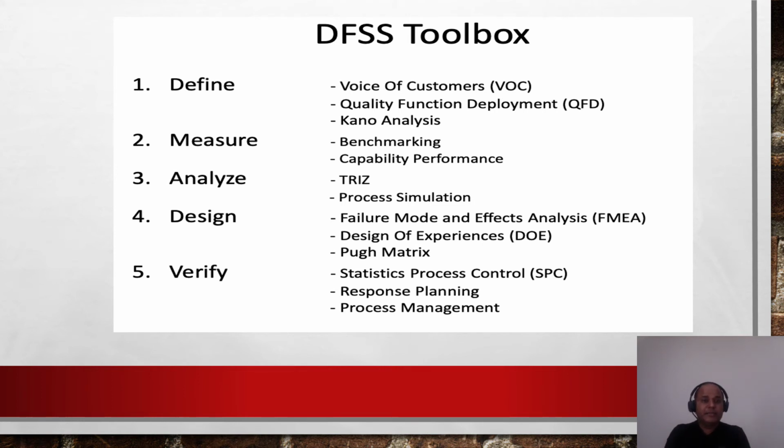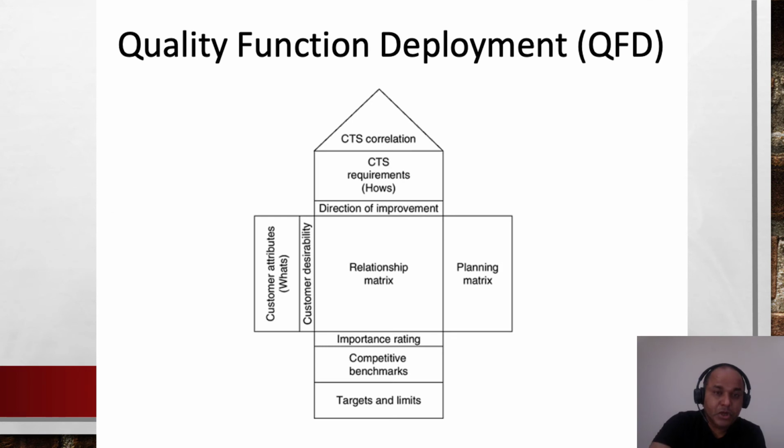By benchmarking and capability performance. How are we going to analyze? Process simulations, design failure mode and effect analysis, design of experiments and PUGH matrix. And how are we going to verify our system? By statistical process control, response planning, and process management.